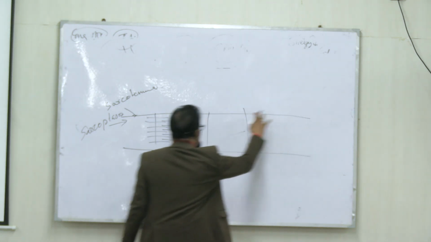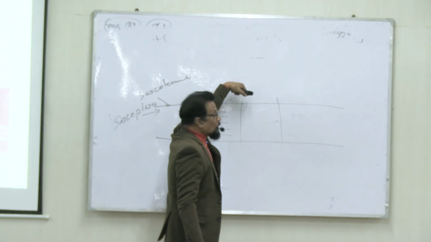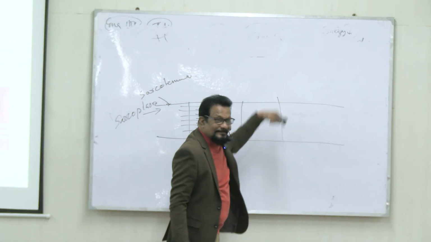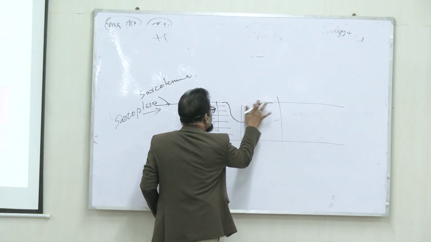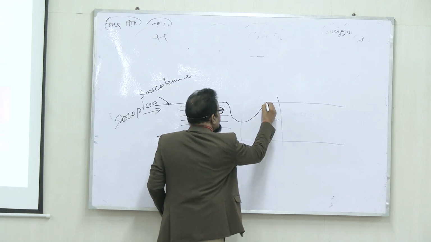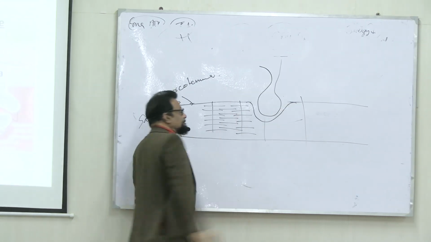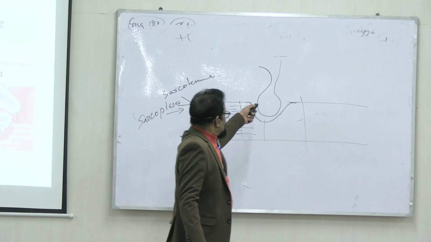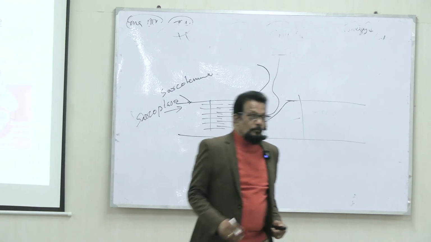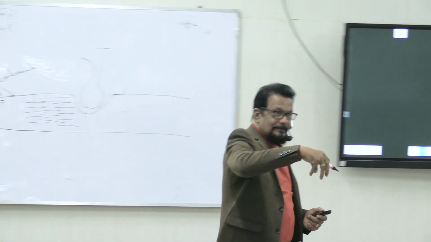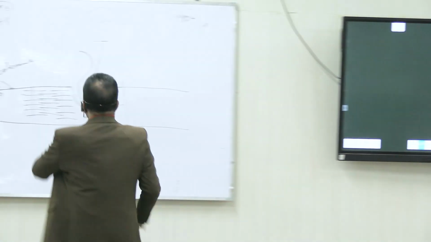So the sarcolemma is like this. When this sarcolemma produces a junction, what will happen? A groove will be formed. Within this groove, what will be there? Synaptic knob.